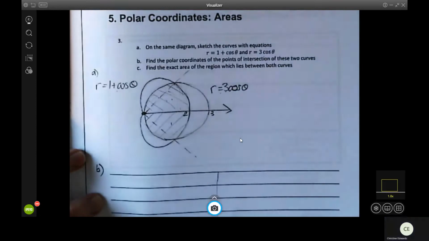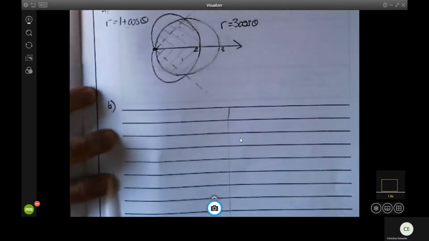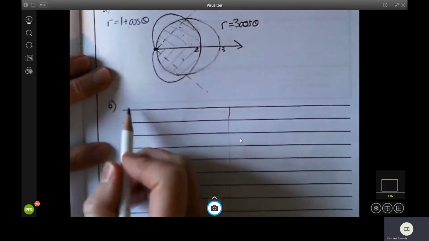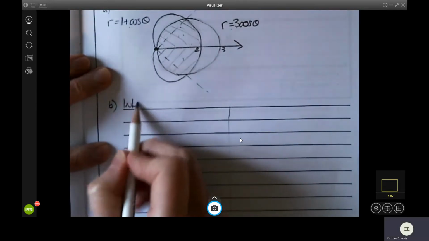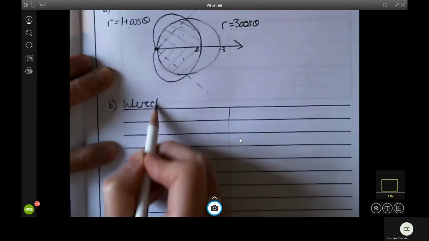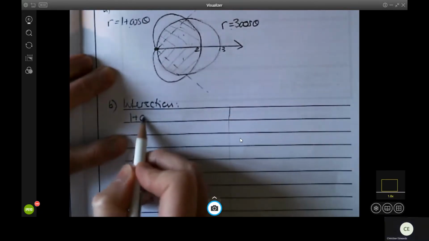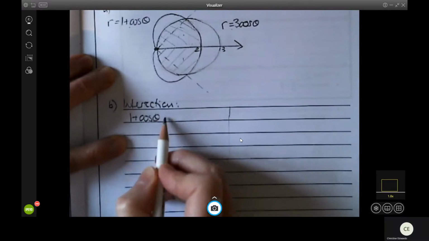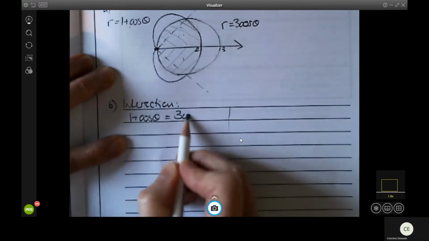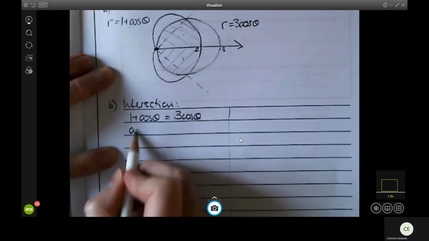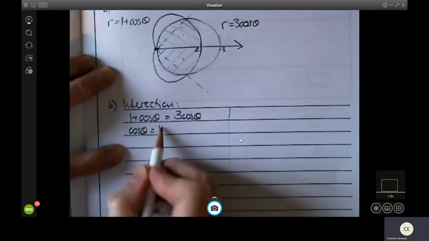So let's do part B, on finding the points of intersection. So we've got 2 curves. They are r equals 1 plus cos theta and r equals 3 cos theta. So I equate those and we get cos theta equals a half.